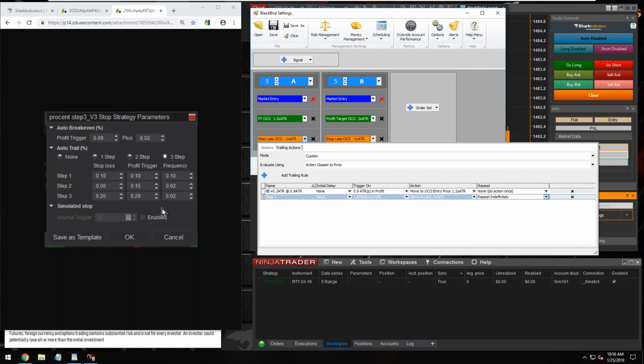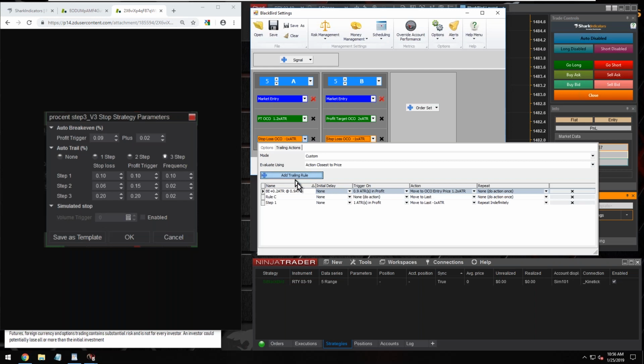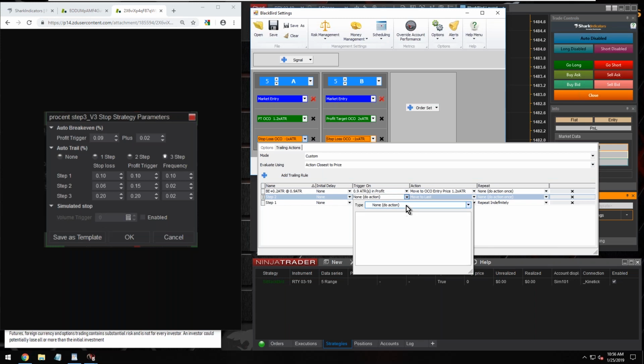All right. So we kind of recapped converting the ATM columns here, stop loss, profit target, and frequency, into BlackBird. So let's just go through and add step 2 and step 3 here quickly. Let's add another trailing roll and call that step 2. And I'll just go through this a little quicker now.